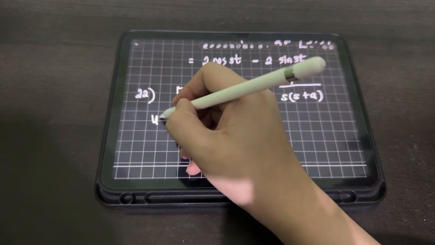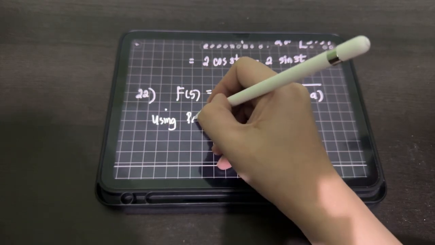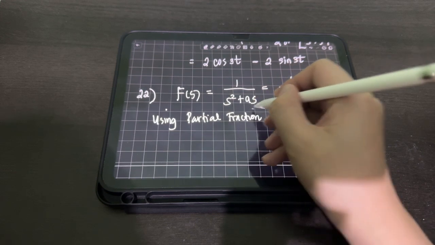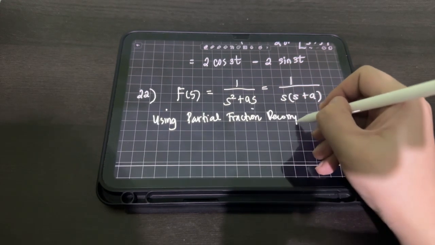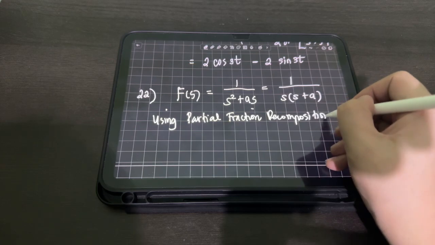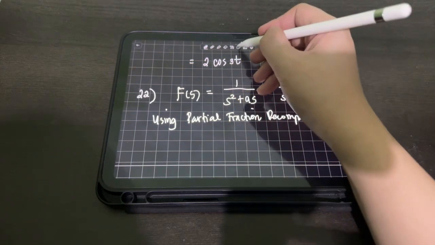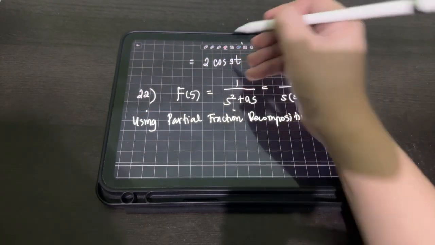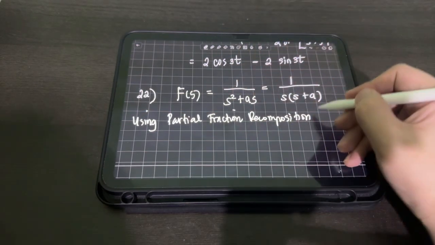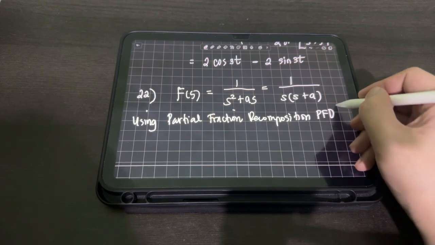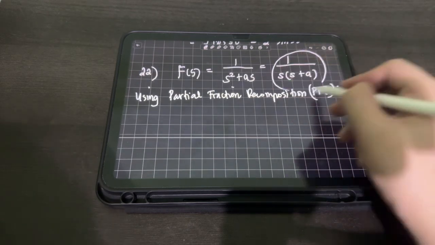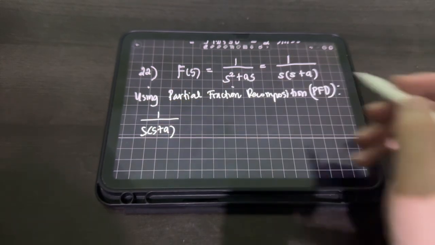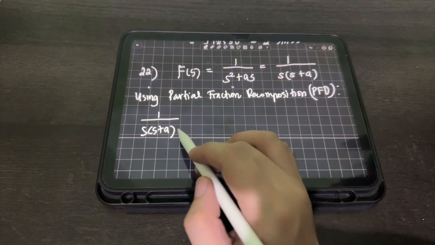So using partial fraction decomposition, or PFD for short, we decompose this 1 over s times s plus a as a sum of partial fractions. So this is case 1.